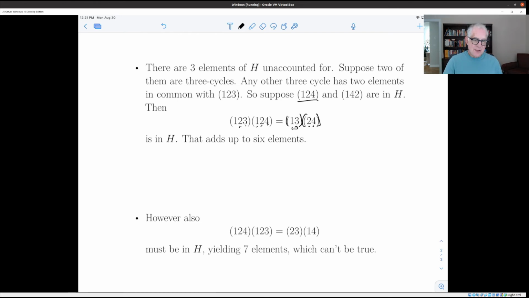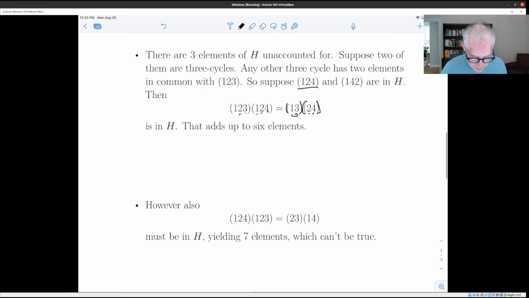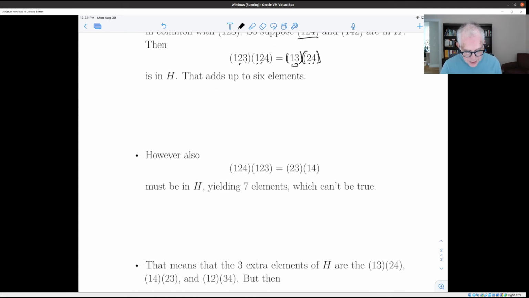And so we might think, okay, we're happy. But not so fast. If you have (1 2 3) and (1 2 4), you also have to have (1 2 4) times (1 2 3). I mean, both products have to belong to the group. And if you multiply (1 2 4) times (1 2 3), let's see, 2 goes to 3, and then 3 goes to 1 goes to 2, and then 1 goes to 2, and 2 goes to 4, and finally 4 goes to 1.